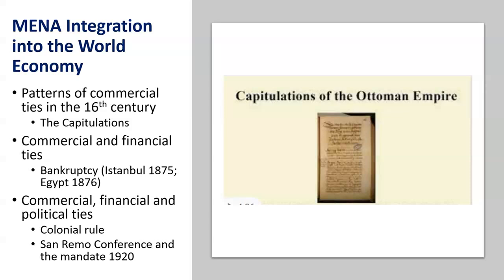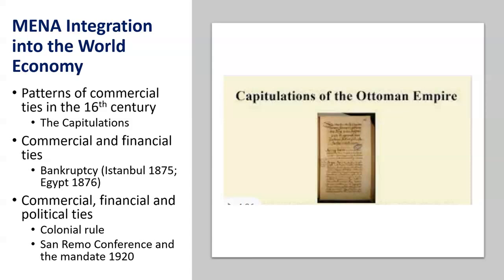It was these kinds of dependent commercial ties or unequal exchanges between different parts of the Ottoman Empire and the European countries. And then some countries, basically Turkey, Istanbul, and Cairo, tried to embark on an ambitious modernization project, and that put them into fiscal trouble, and they had to borrow money from the European countries. This led to another form of colonialism, which was financial dependency.